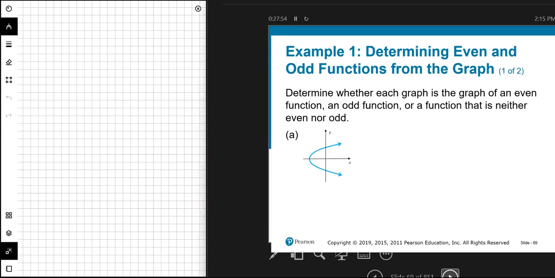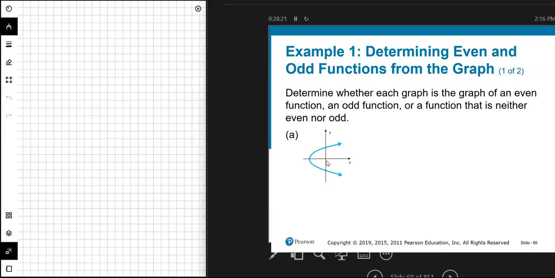Now, this graph here is not symmetric with respect to the y-axis. It's symmetric with respect to the x-axis, and it's not symmetric with respect to the origin. If I flip this 180 degrees, I don't get the exact same graph back.